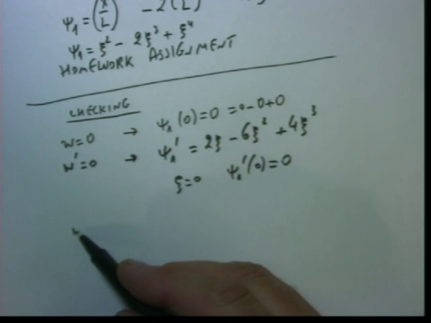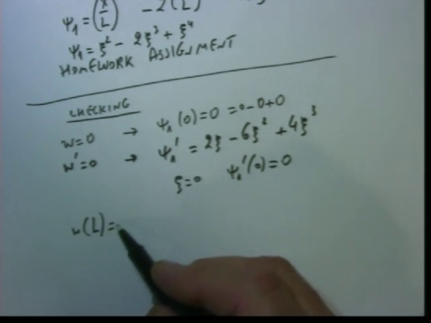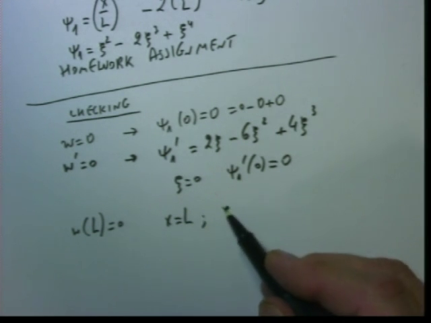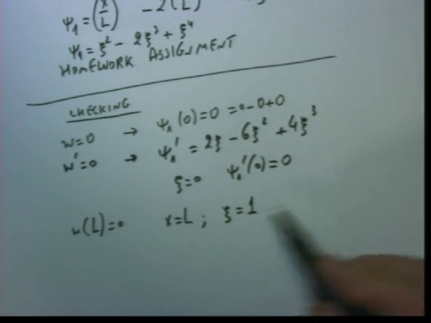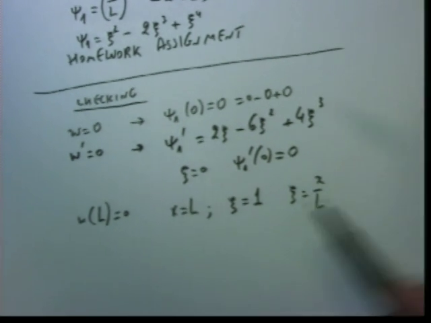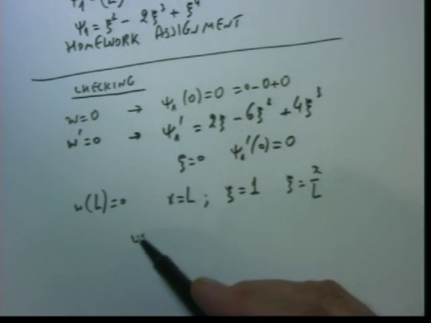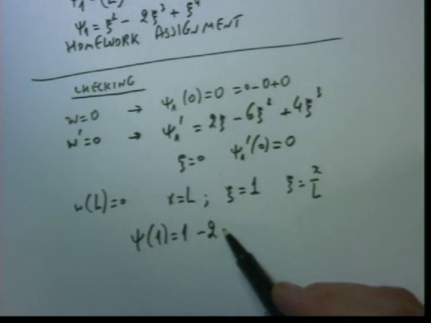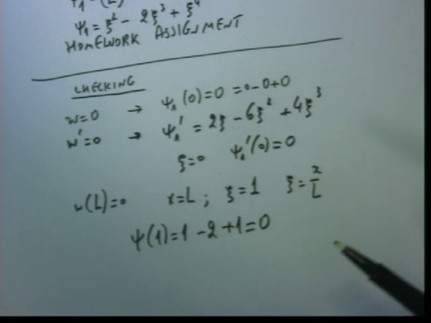Then w at L equals 0. When x equals L, then xi equals 1, because xi equals x over L. So we calculate psi at 1 equals 1 minus 2 plus 1, and that naturally equals 0.